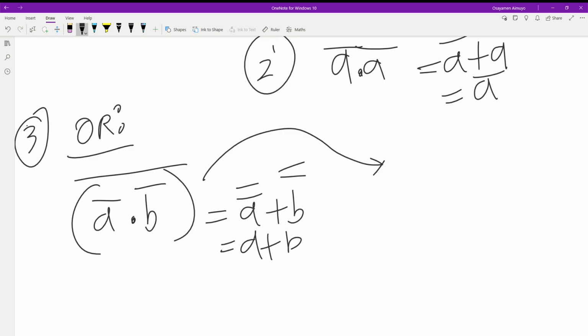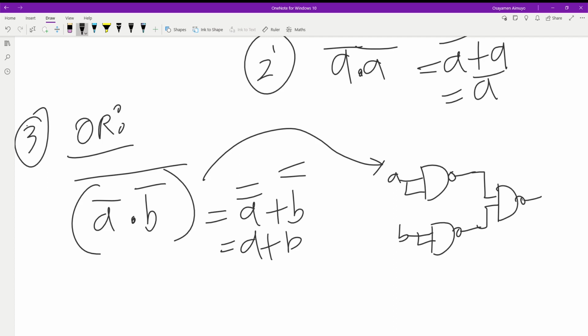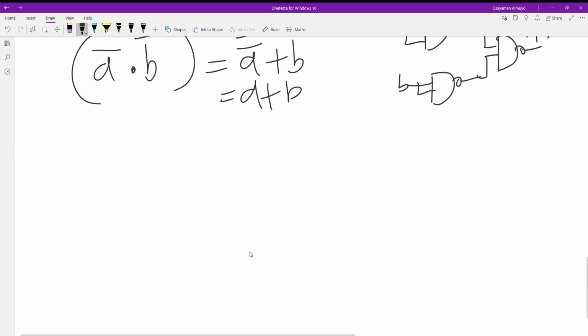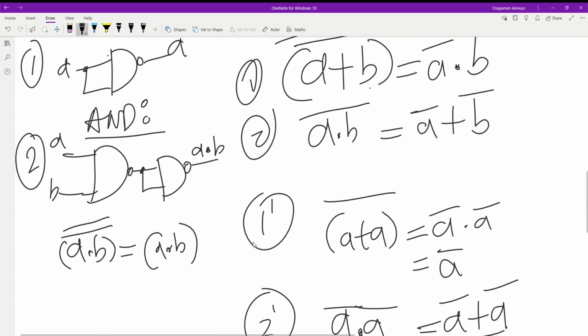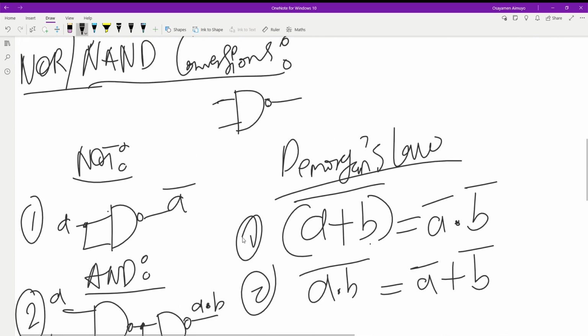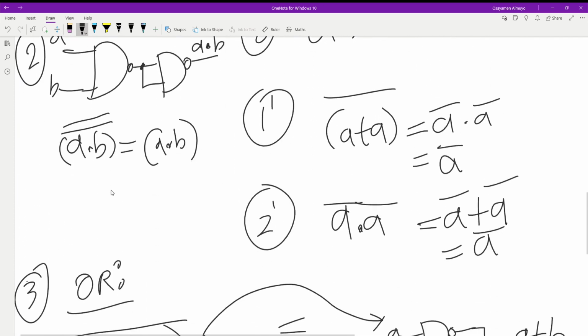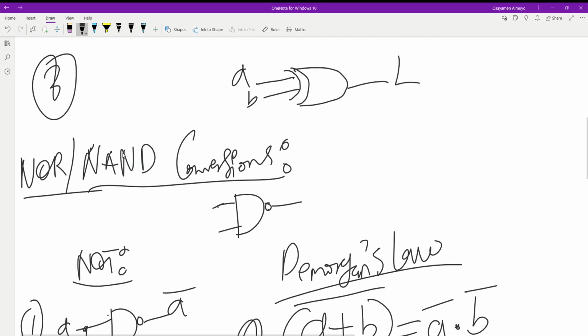This schematic would be something of the like. I hope I'm not missing my inversion bubbles in front of the AND gates. It's very easy to obviate those, but they're very important. And this is A or B. Following the same logic, you can obtain the NOT and NOR from a NOR gate as well.